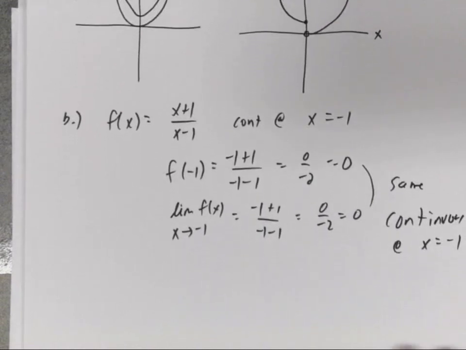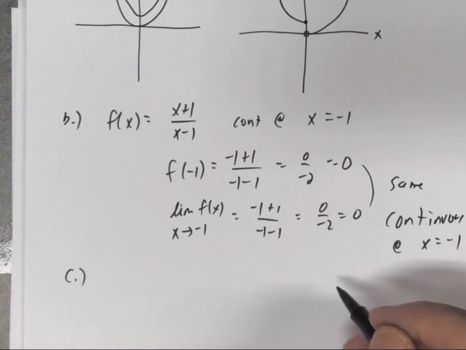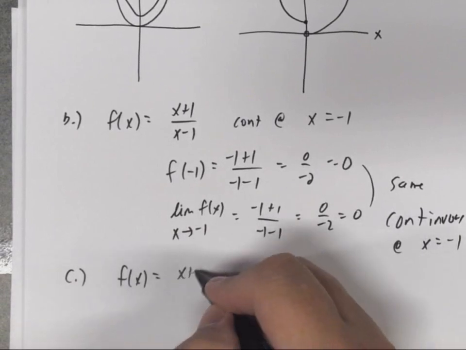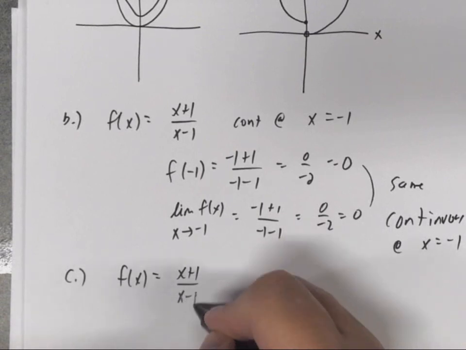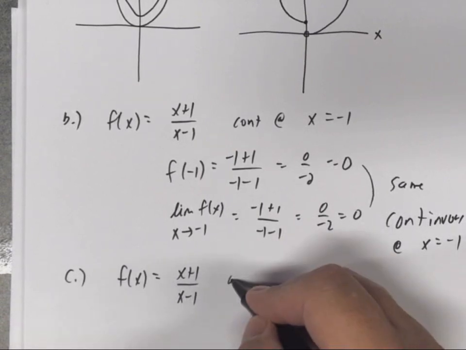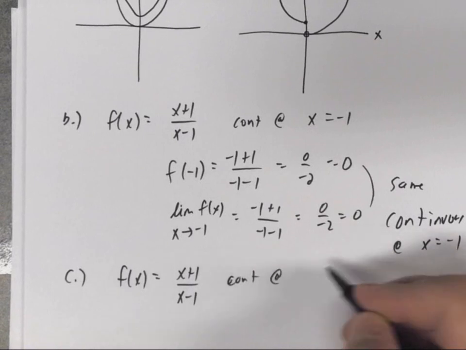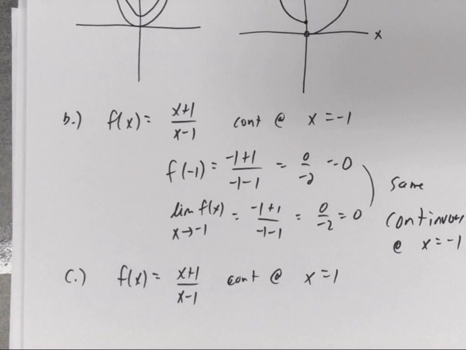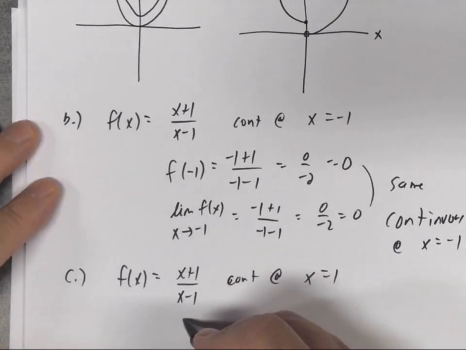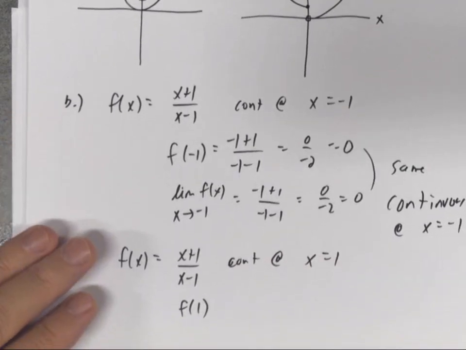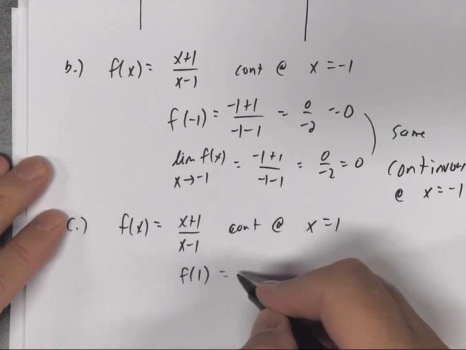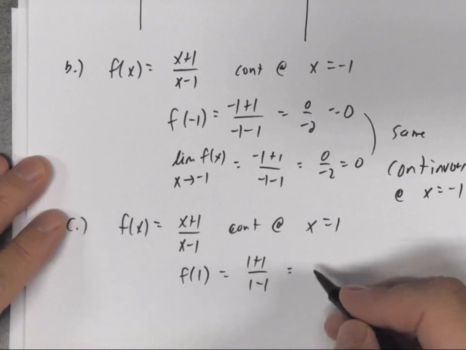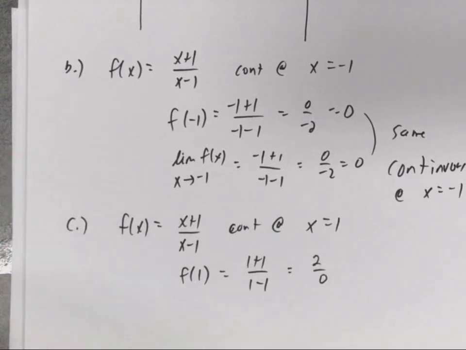It looks like there's one more example. Actually, it's the same equation. So we're going to check the continuity at x equals 1 instead of x equals -1. Well, you do the same thing. f of 1 is 1 plus 1 over 1 minus 1. Okay, what happens?